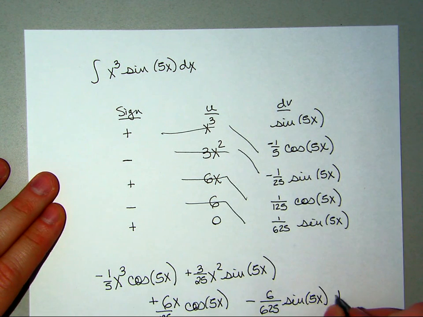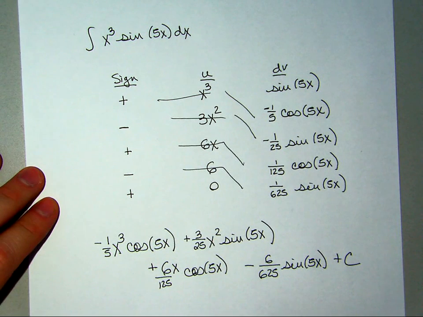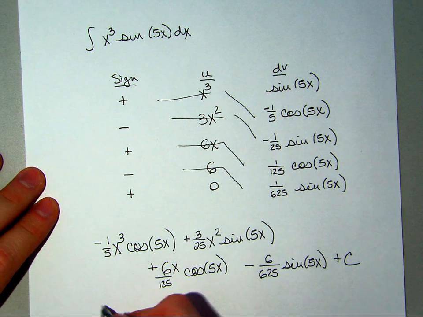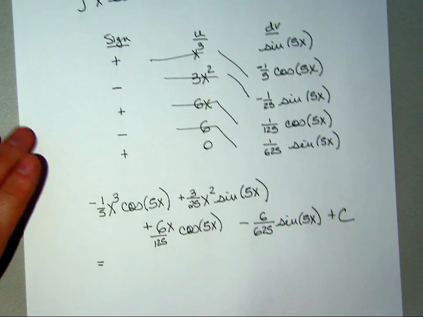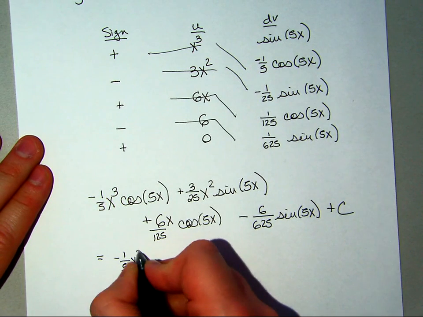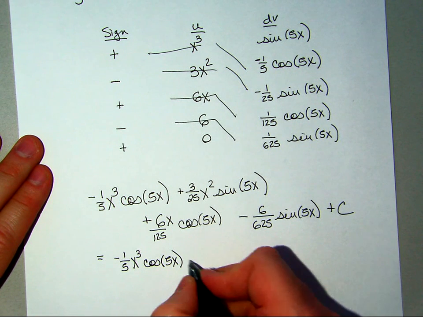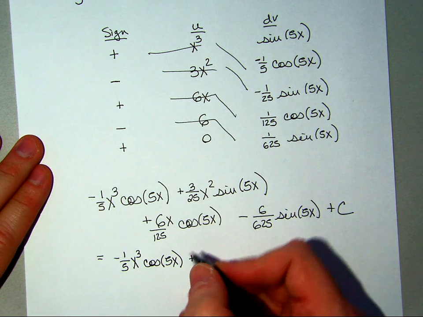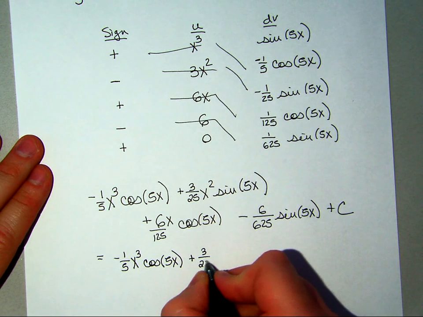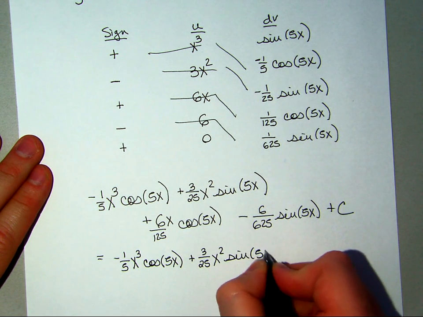Then just do a little bit of simplifying and we'll be set. Can you do anything with 3/25? No, you can't. 3/24, sure, but not 3/25. So 6 over 125.